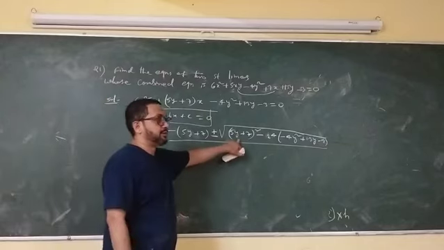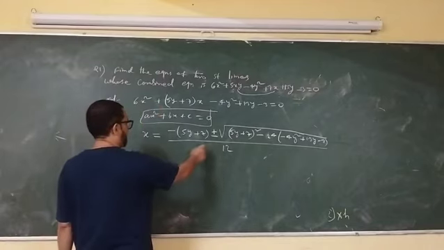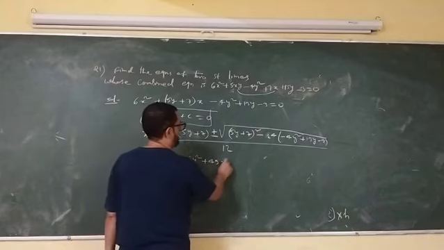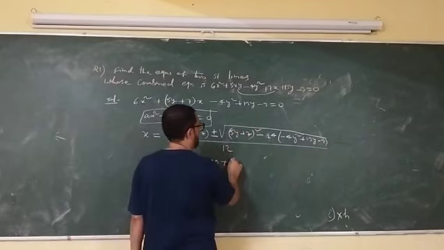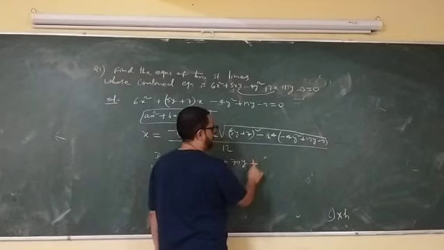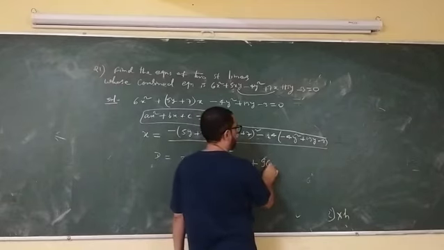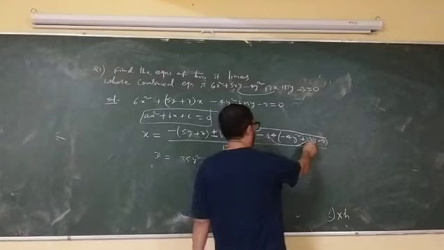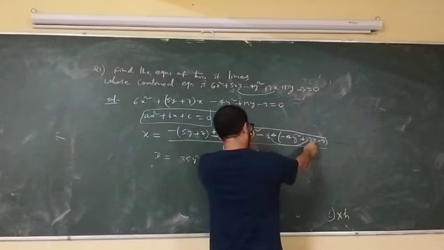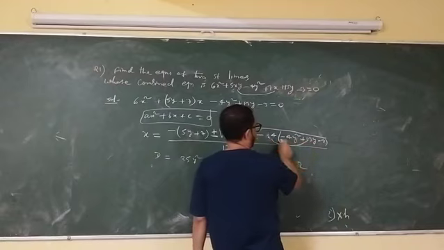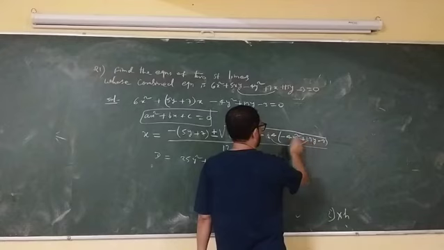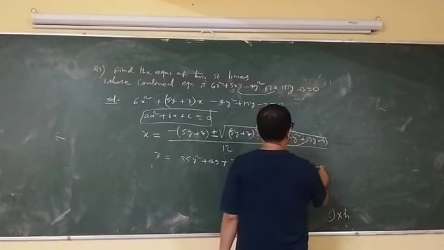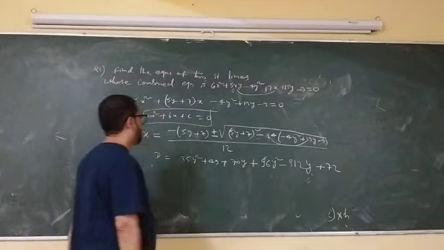Now you need to expand this discriminant. 25y square plus 49 plus 70y, and 24 times 4 is 96 y square, then minus, this will be how much? 4 times 3 is 12, and then 12 times 4 is 48... plus 13y terms, plus 72. Understood?